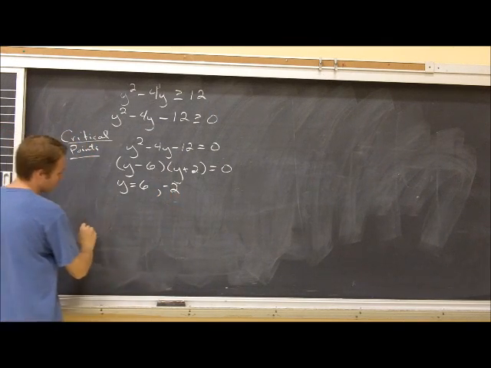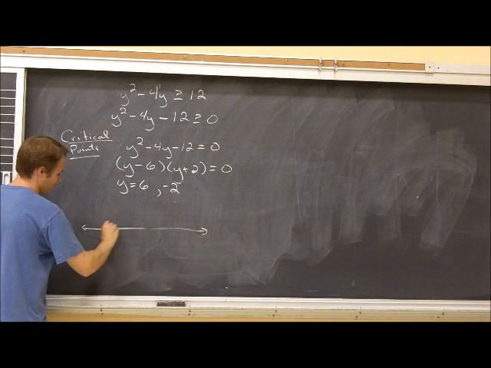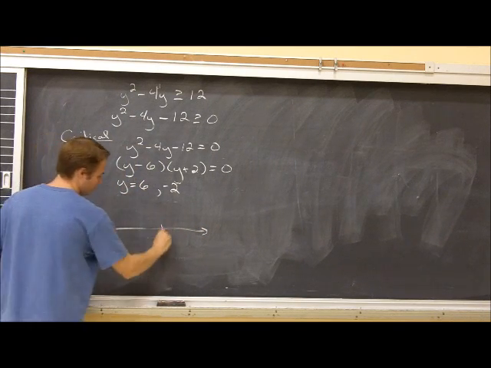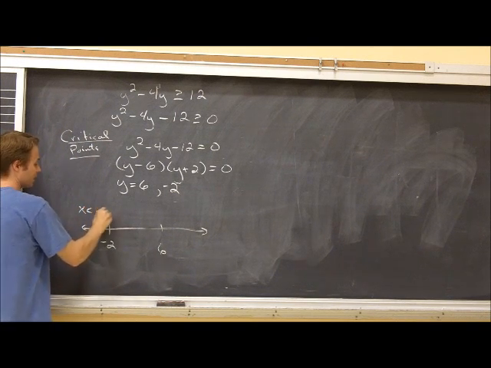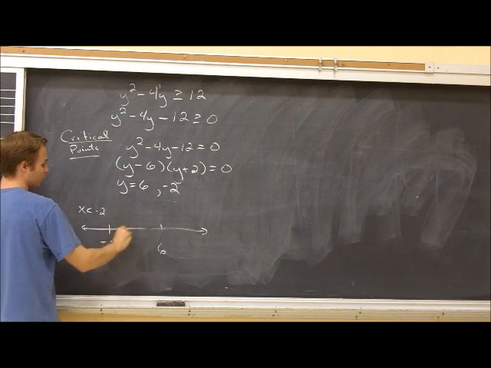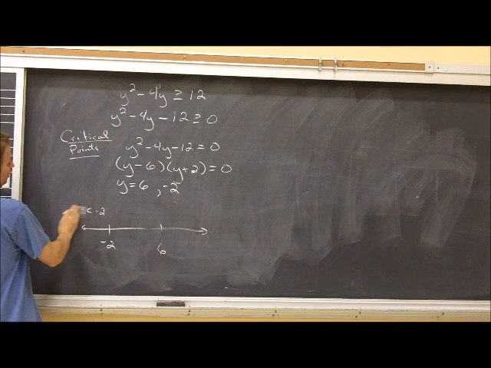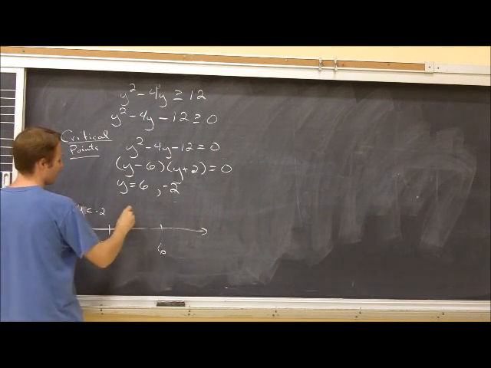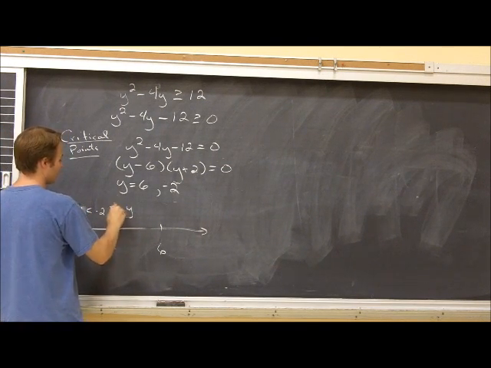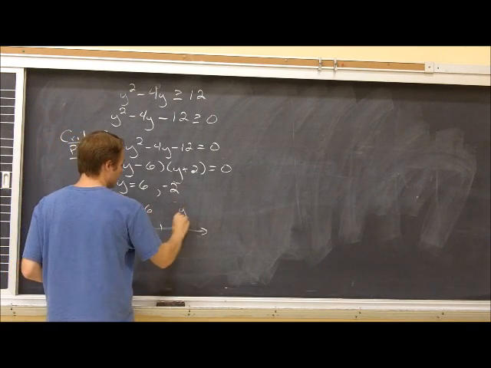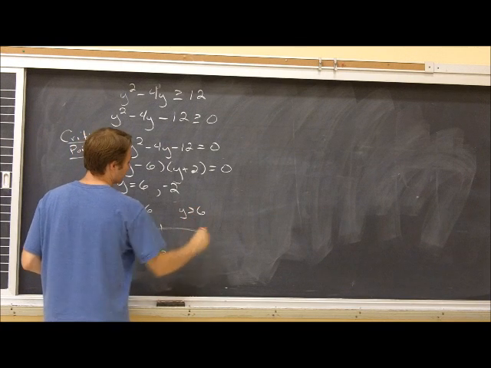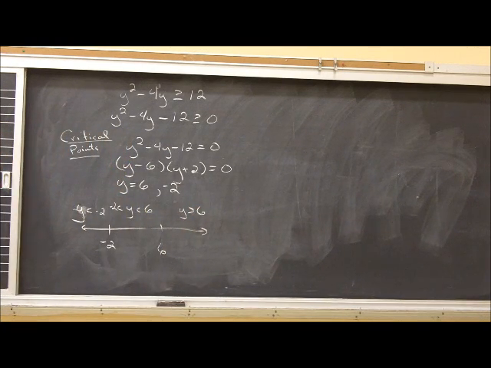Now to find my intervals, it's really easy if you just sketch it on a number line. So here's -2 and here's 6. So I'm looking at this interval, y is less than -2. This interval, I'll use an x here, I should use a y, there we go. This interval is y is greater than -2 and y is less than 6. And this interval is going to be y is greater than 6.